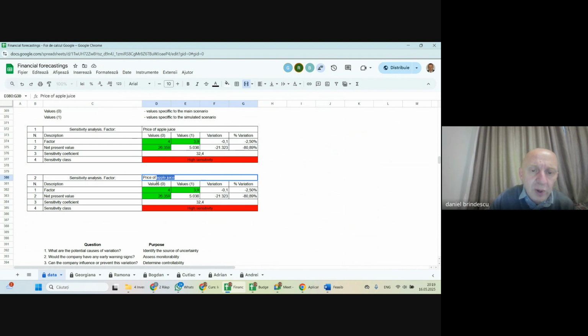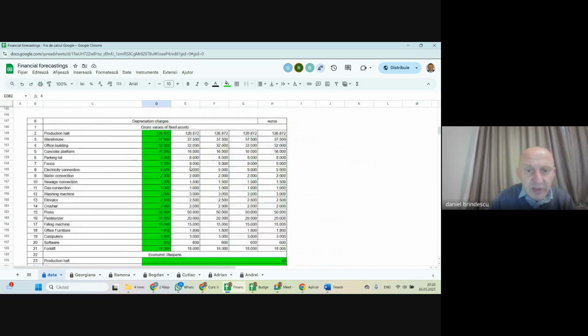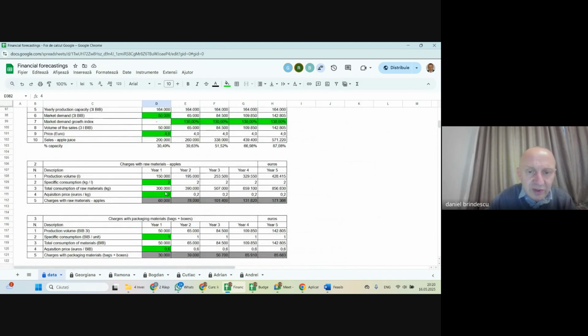And I'm only going to do one more simulation. I'm going to simulate the increase in the price of apples, which are my raw materials. So in my case, the price of the apples in my main scenario was estimated at 0.2.